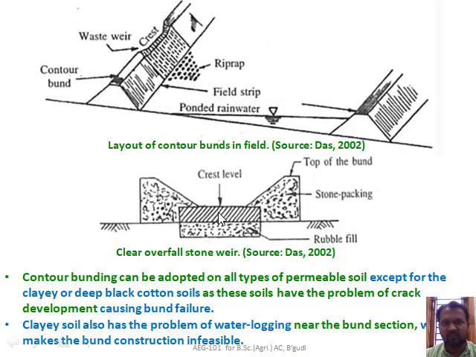This is the crest level, this is the top of the bund, and this is the stone packing. Contour bunding can be adopted on all types of permeable soil except clay or deep black cotton soils, as these soils have the problem of crack development causing bund failure. Clay soils also have the problem of waterlogging near the bund section, which makes bund construction infeasible.